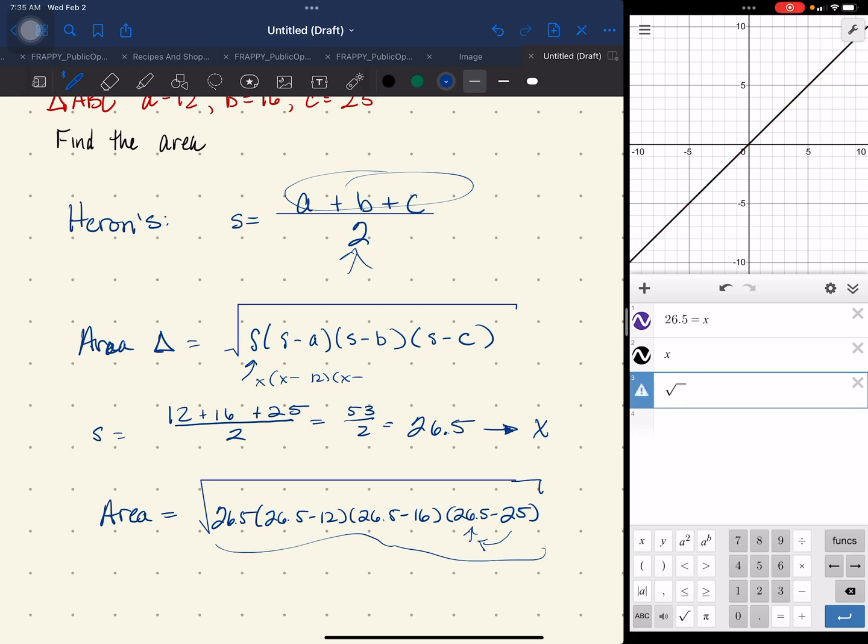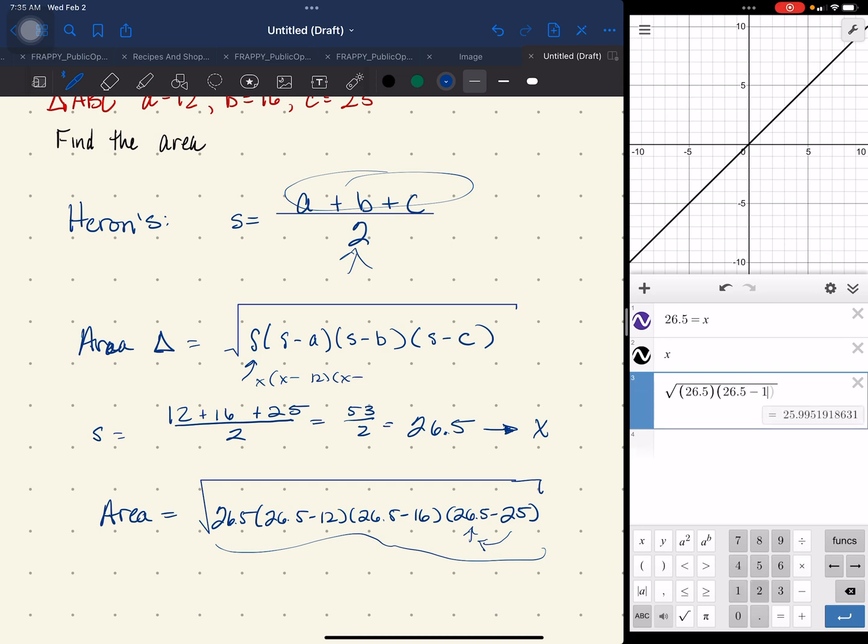Square root of, parentheses, 26.5 times 26.5. I would fast forward through this if I were you.